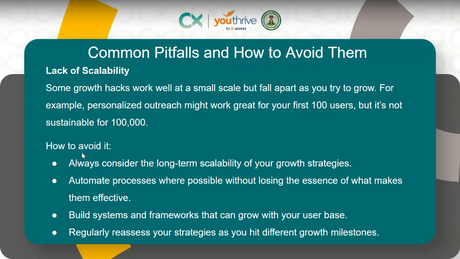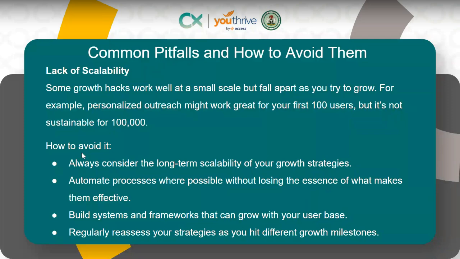Okay, so, lack of scalability. Some good tactics work well at small scale, but fall apart when you try to scale or grow. For example, personalized outreach might work great for 100 users, but it's not sustainable for 1,000 users, right?